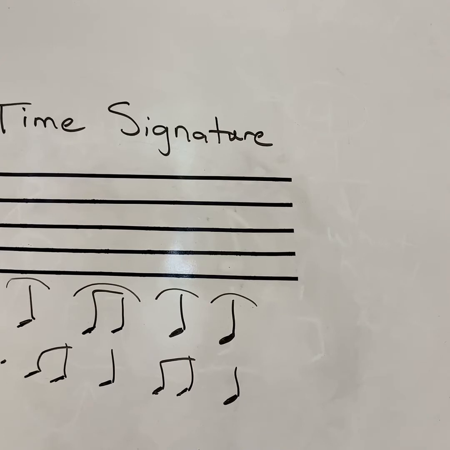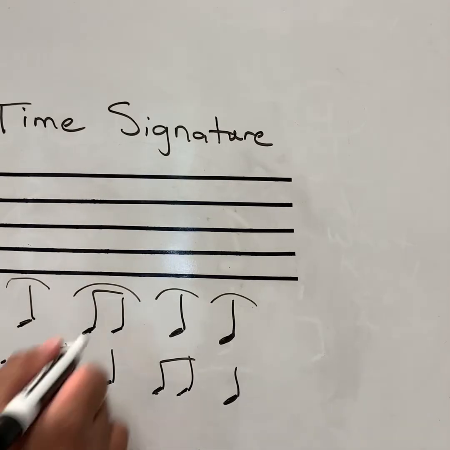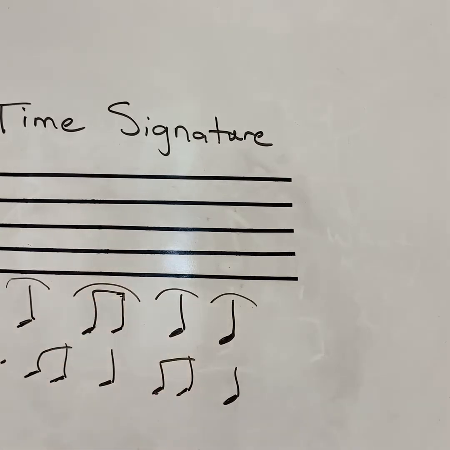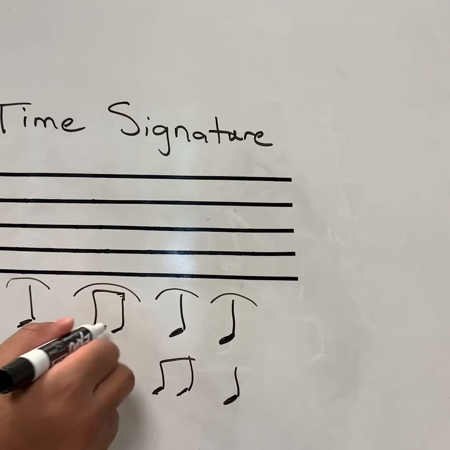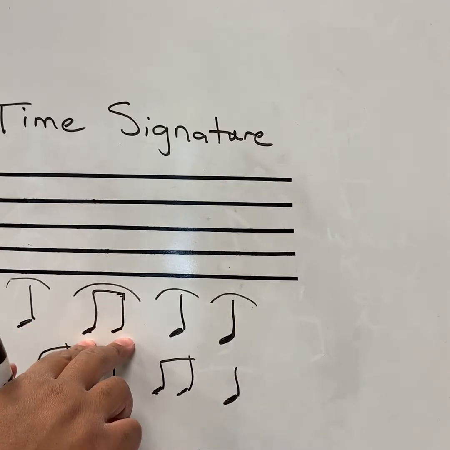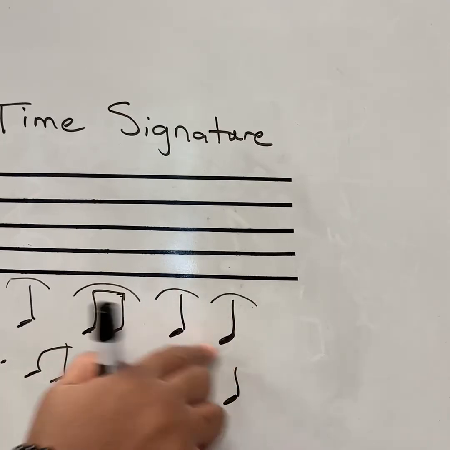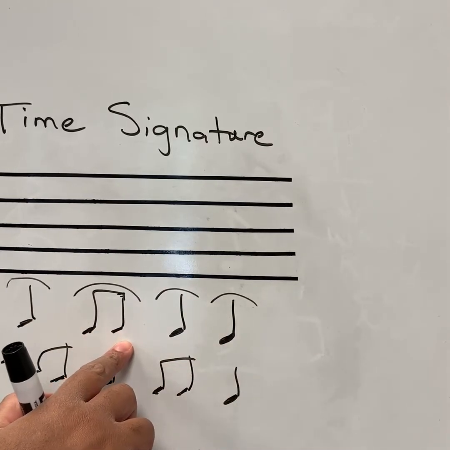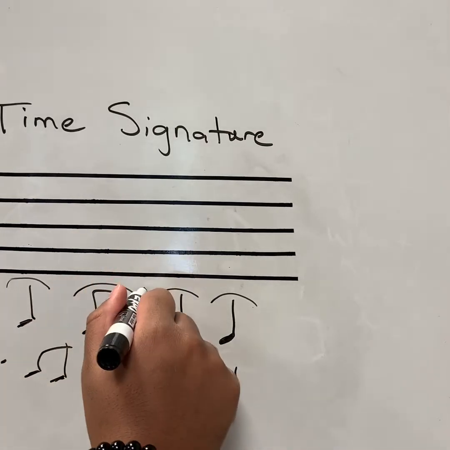All right. Now, some of you are probably thinking, well, Mr. Burton, in this group, I see two notes. I don't just see one note. So why isn't it five beats in that measure? That's because these two notes by themselves would be smaller than these three notes. Okay? Let's bring this over here.